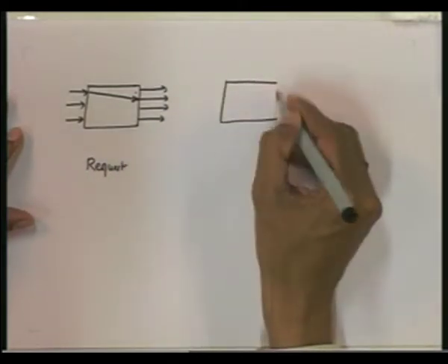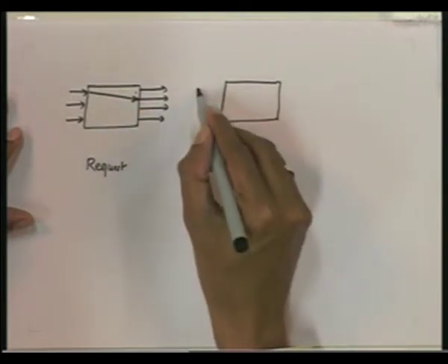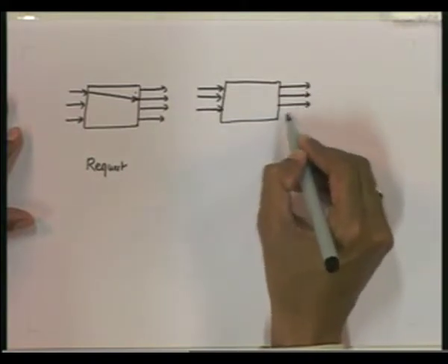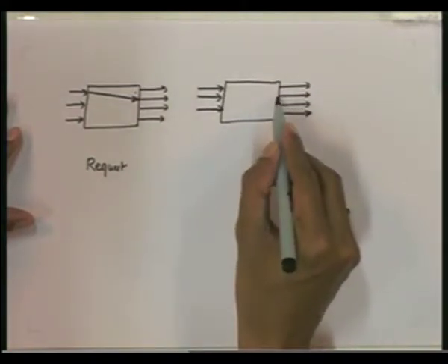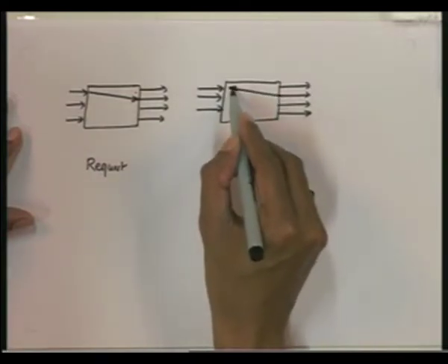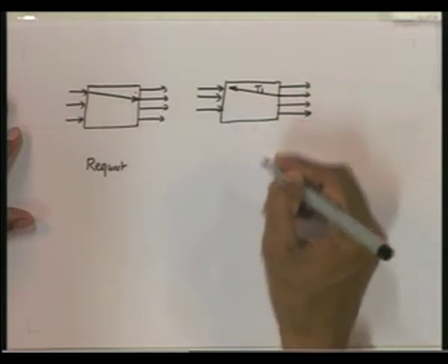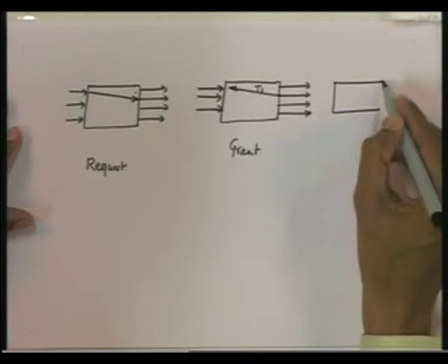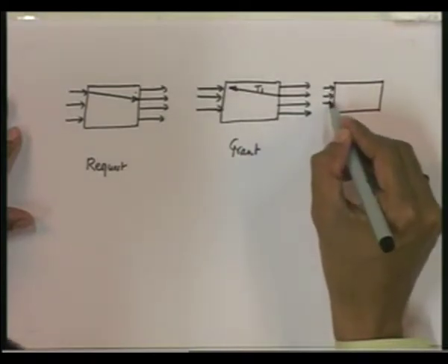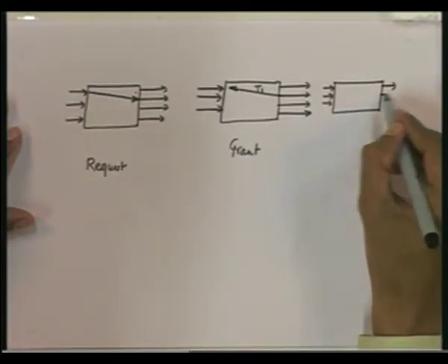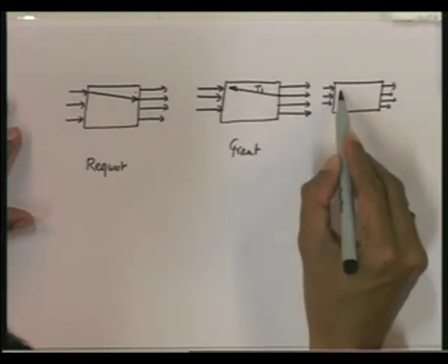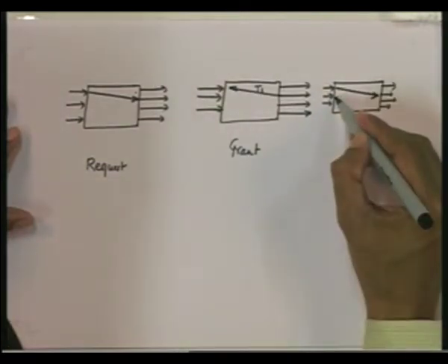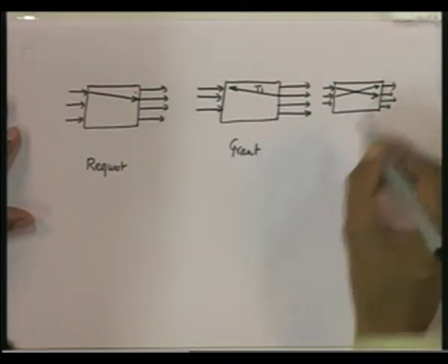Now this is the grant phase, in which output port 2 will give a grant to the input port, let us call it T1. In the connect phase, input port 1 will send a packet to output port 2.